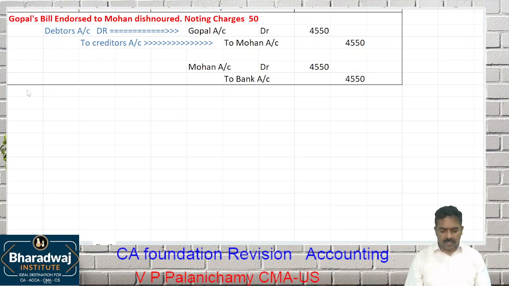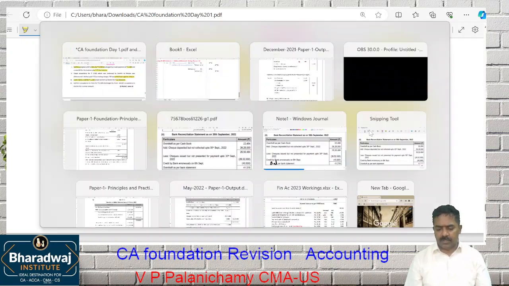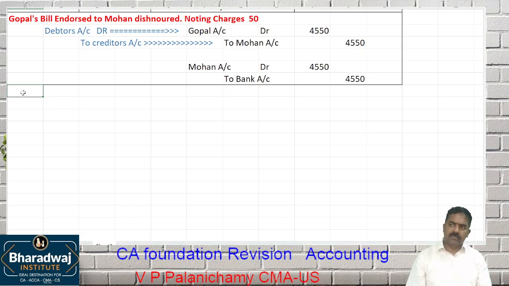Next, look at what they have given. Though she retired the bill of 2,500 drawn by him at how much? 25% discount. Retirement of a bill. Bills receivable for us. Are we retiring the bill or someone else is retiring the bill?